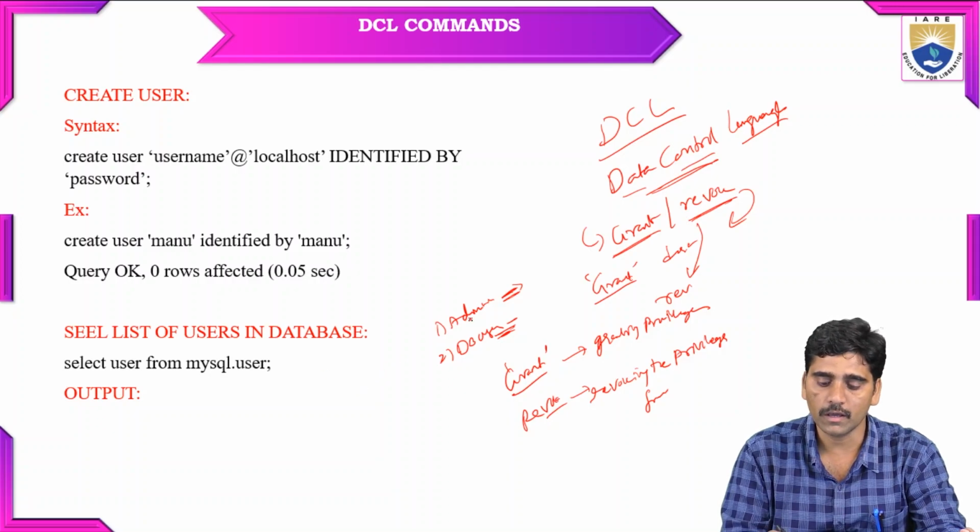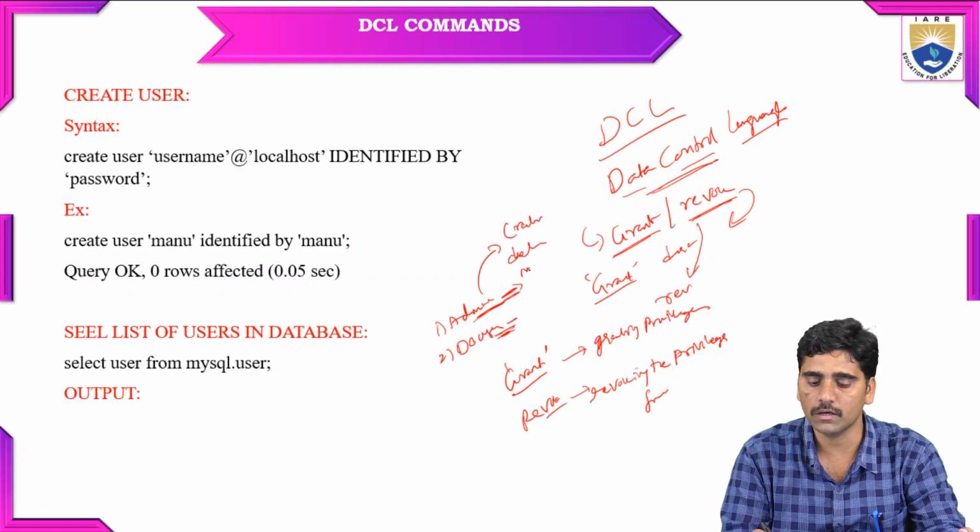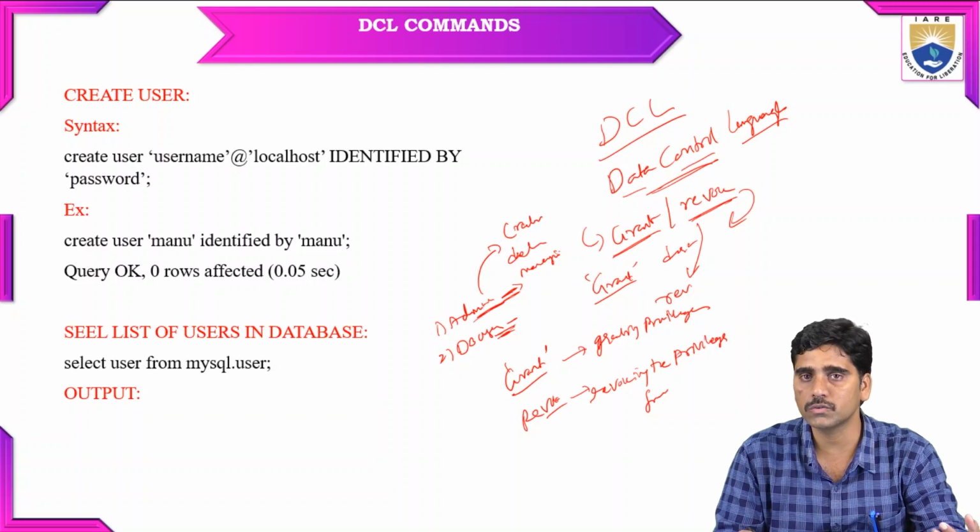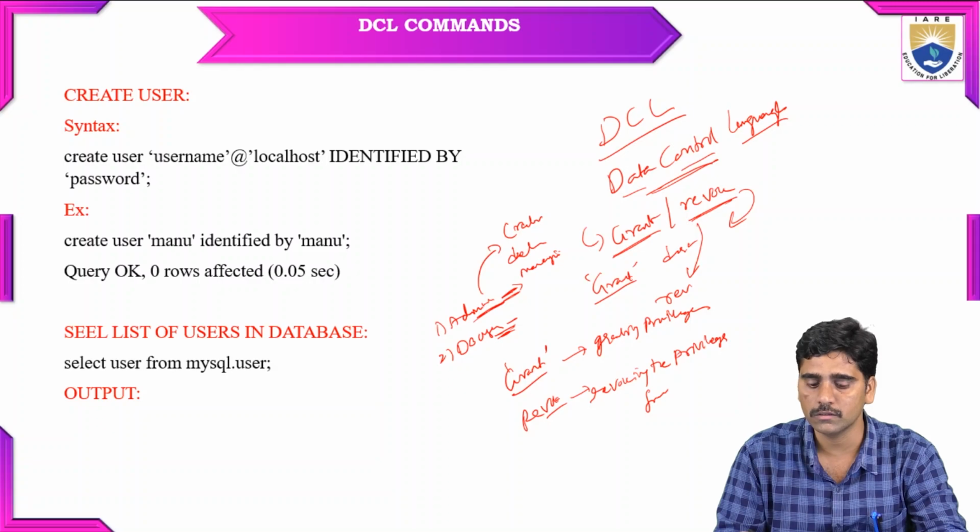Those who are authorized can be given privileges to access the data, and for those who are not authorized, the administrator can revoke the privileges from that user. So how are we going to create the user?